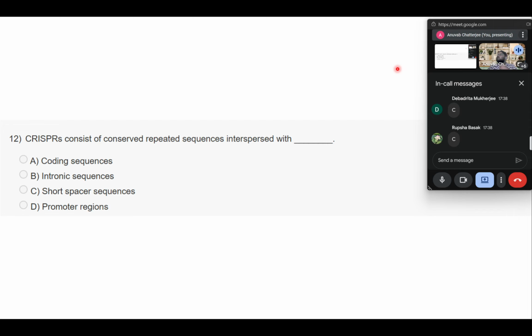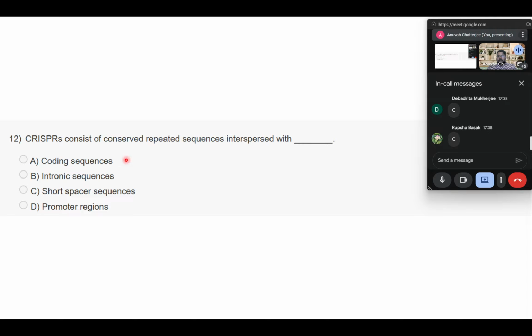Next, now we are going to the final genome editing tool, CRISPR. CRISPR consists of conserved repeated sequences interspersed with coding sequences, electronic sequences, short spacer sequences, or promoter regions. So, what is CRISPR? Actually, what is the full form? Essentially, if you know the full form of CRISPR, you will know this.